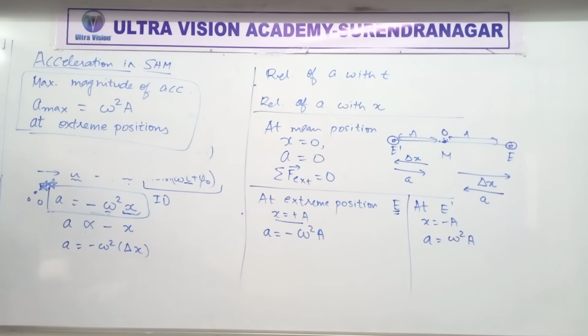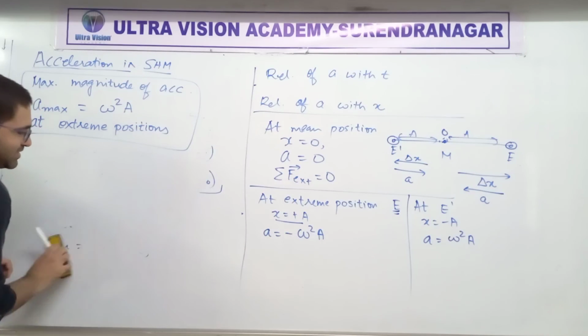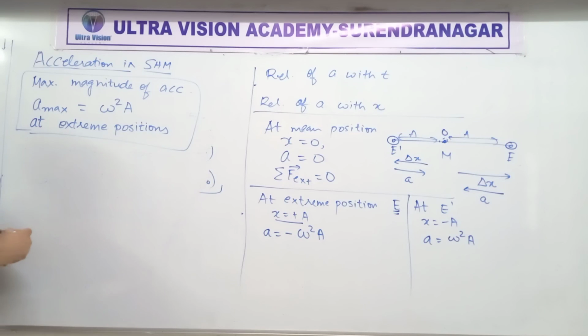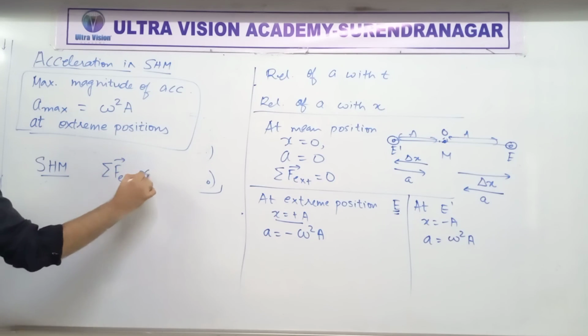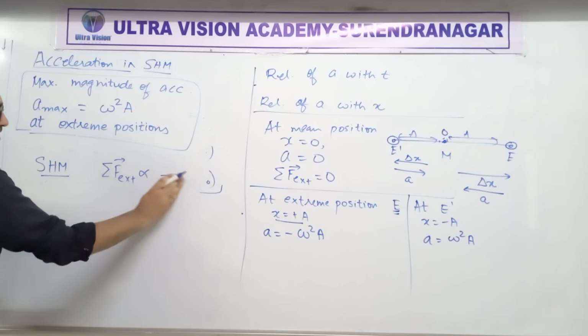Now, based on this, you might have a question like, physically, why is acceleration maximum at extreme position? The reason is actually very simple. If you remember, simple harmonic motion is characterized by this. Do you remember this? Or delta x?